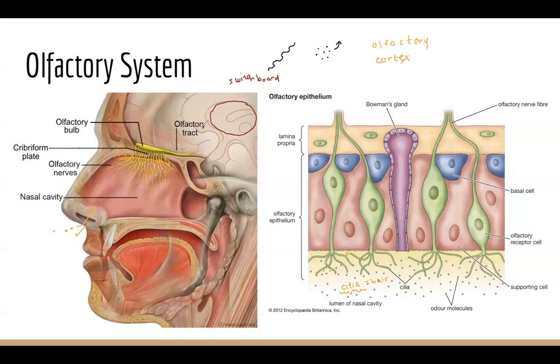Now let's go over some really quick fun facts. These can often pop up in your competitions. The first thing is that your nose has over 1,000 types of olfactory cells.